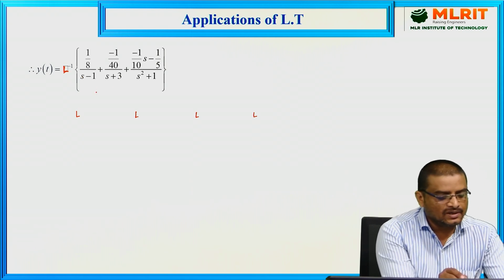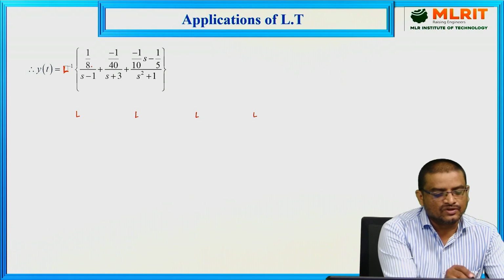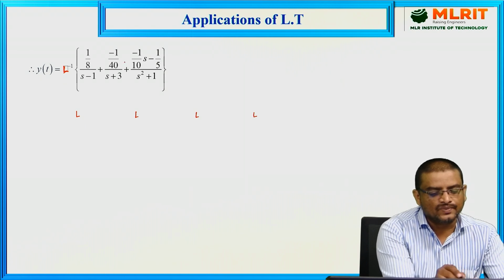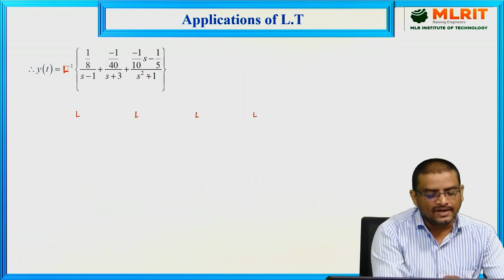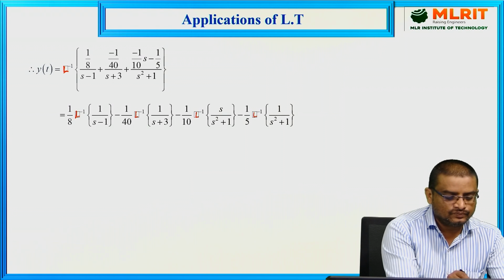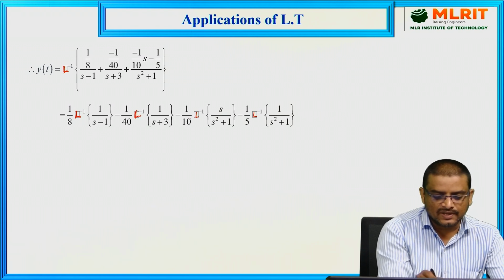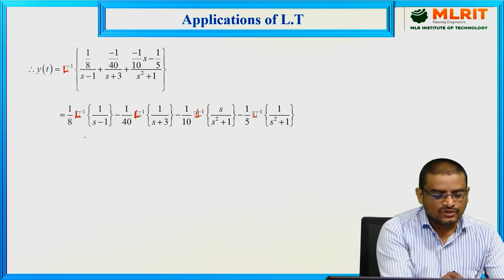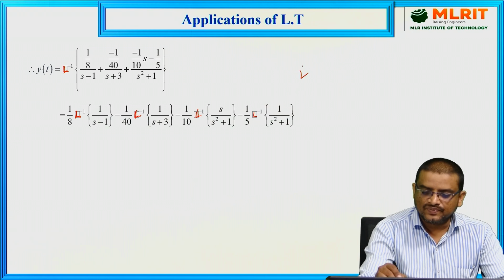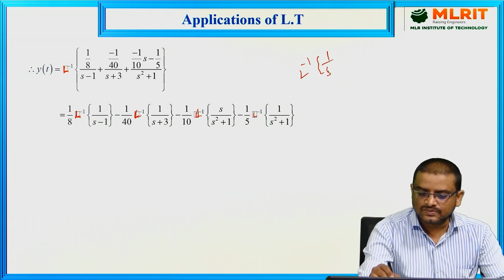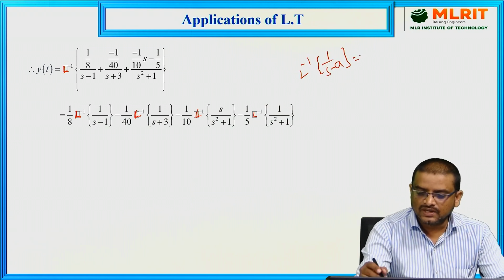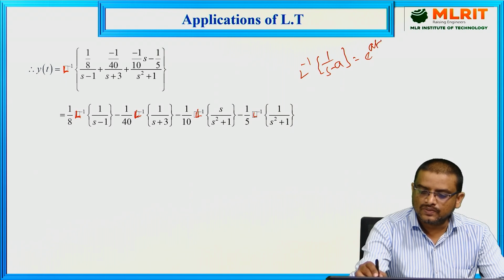Separately apply the linearity property, that is L inverse of first term, L inverse of second term, L inverse of third term, and L inverse of fourth term. So okay, apply the linearity property. Now already this is of the form L inverse of 1 by s minus a. So we can take this value as e power at.